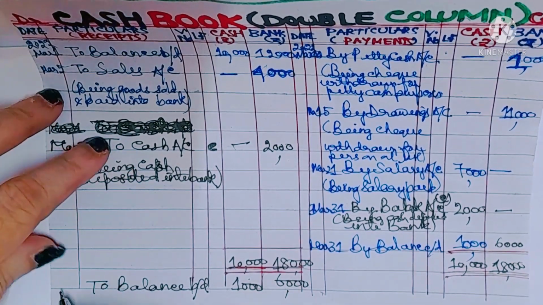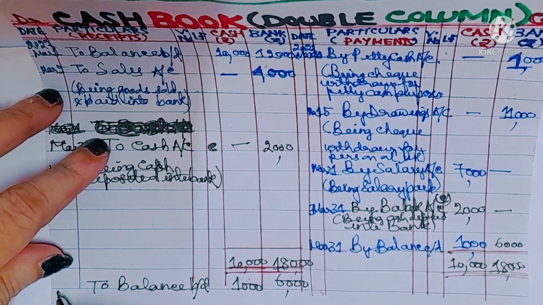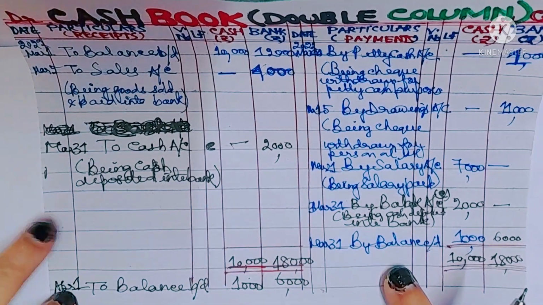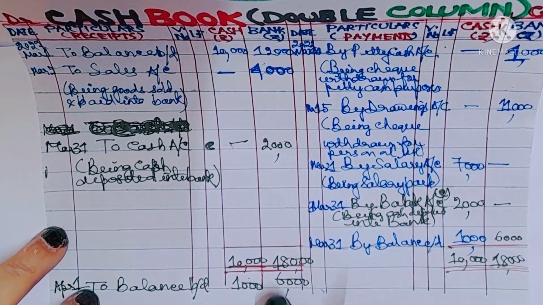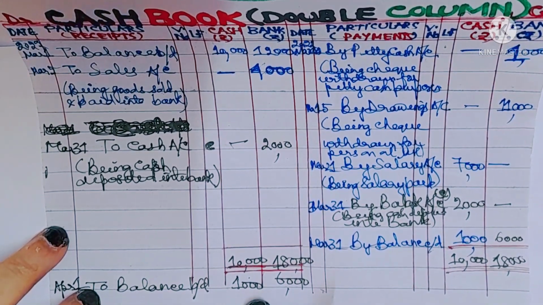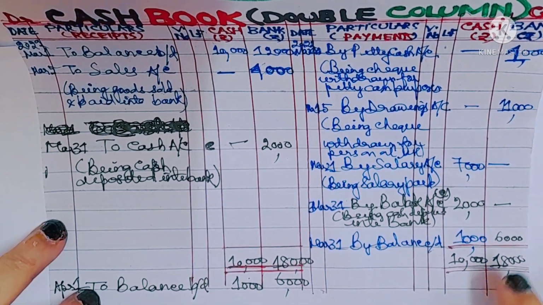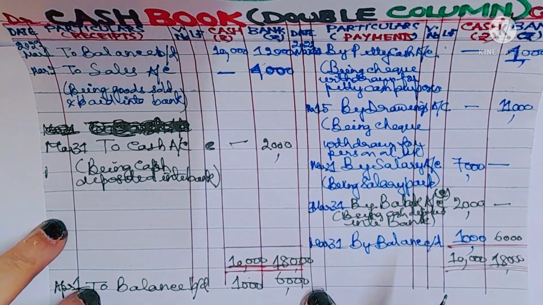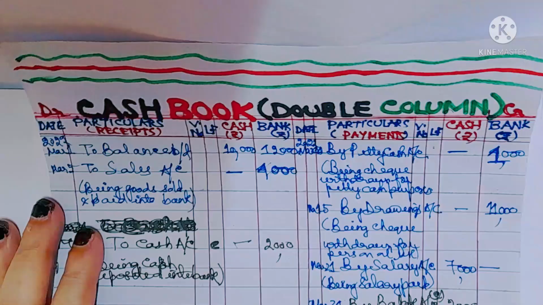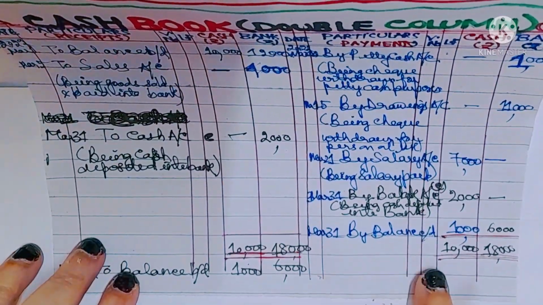And the date will be the next month, the very next day, that is 1st April. Okay, that means this closing cash in hand of 1,000 will become the opening cash in hand for the month of April, and this 6,000, the closing cash at bank, will become the opening cash at bank for the month of April. Okay, see, the cash book is balanced.